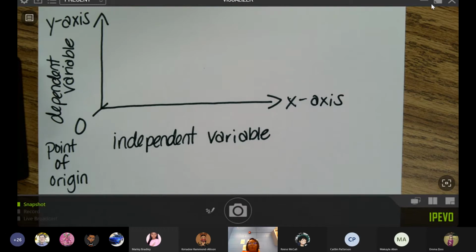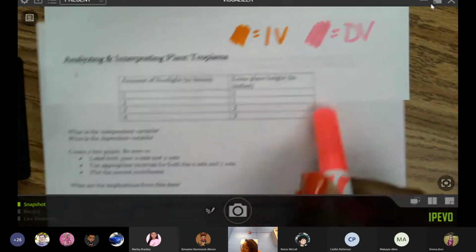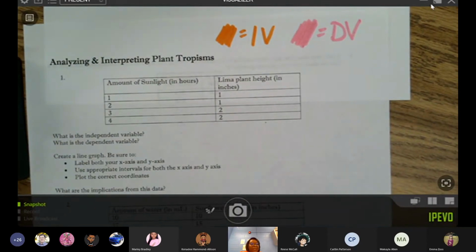And let's look at our first example together. Remember, last week we took some time identifying the independent and dependent variable. So we're going to do the same thing here today. Let's look at an example problem that we're going to graph together. We see that a student has started to grow a plant.